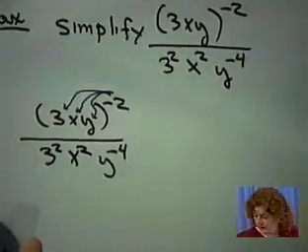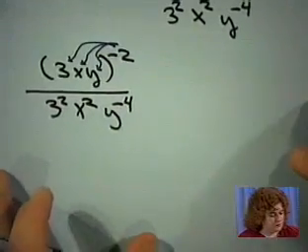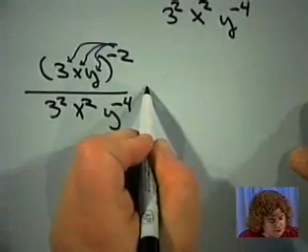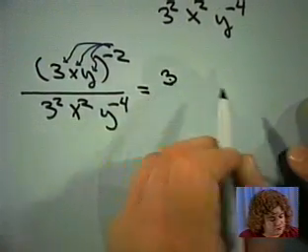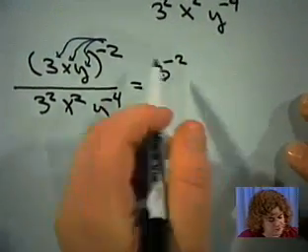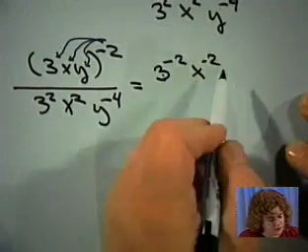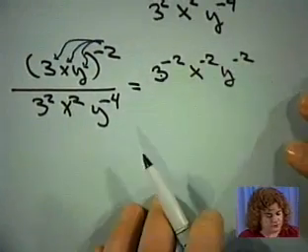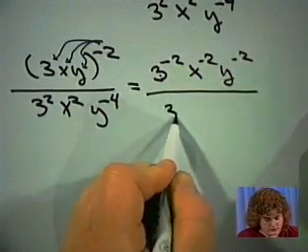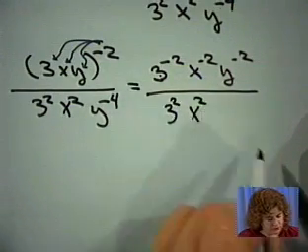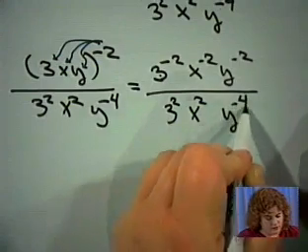Pull this paper out of the way. And we'll have then 3 to the negative 2, x to the negative 2, y to the negative 2, over 3 squared, x squared, y to the negative 4.